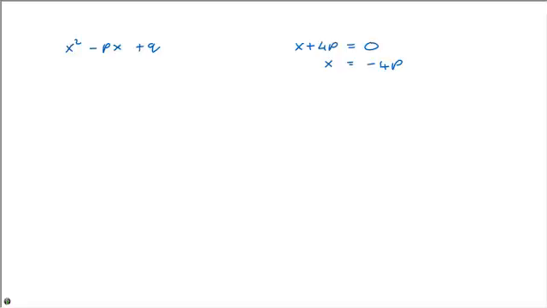What you're going to have to do at this is, it's a quadratic. You're going to have to use the minus b formula and solve it, because that's how you solve for roots. So a is 1, b is equal to minus p, and c is equal to q.